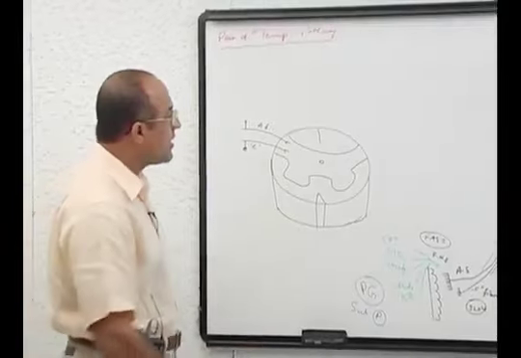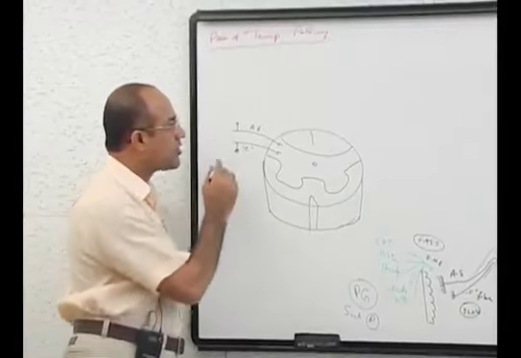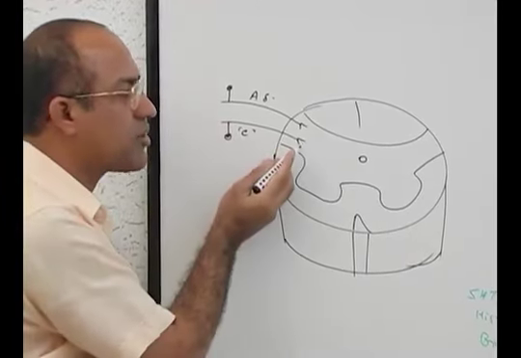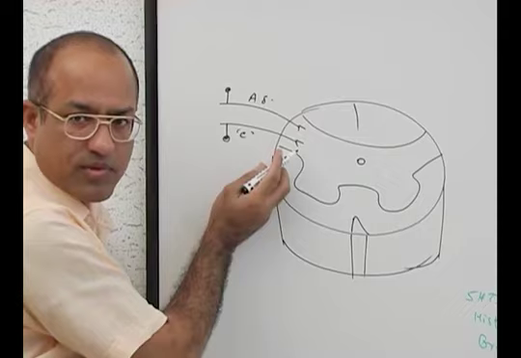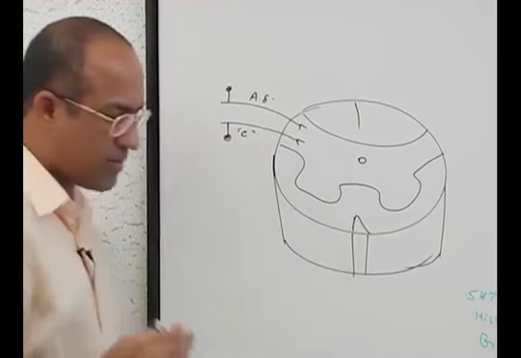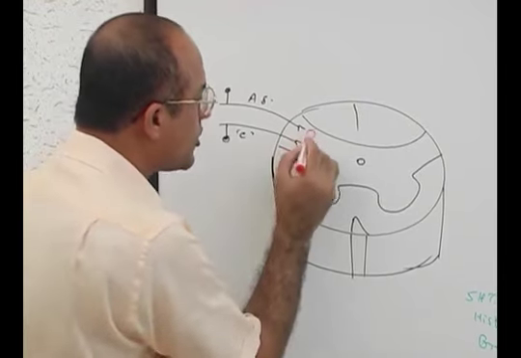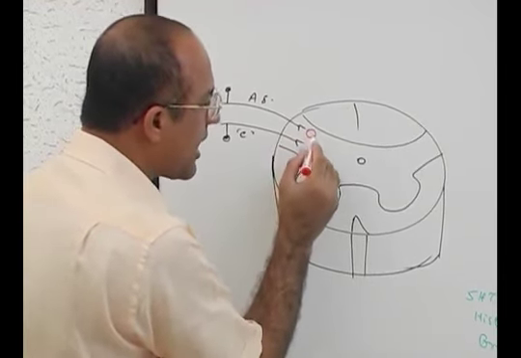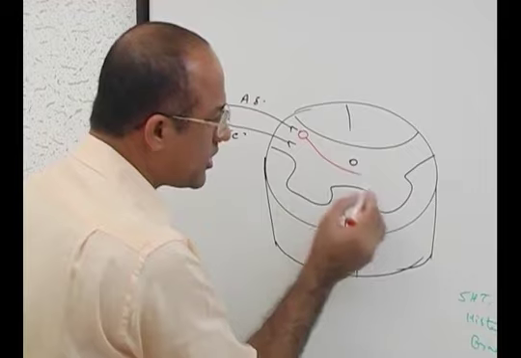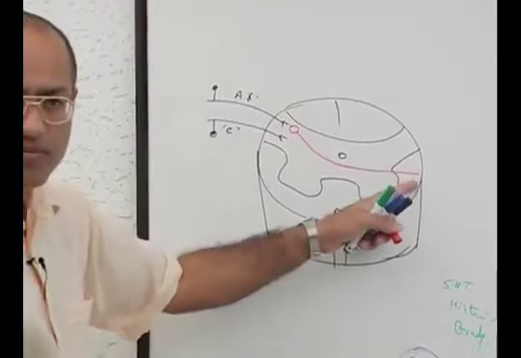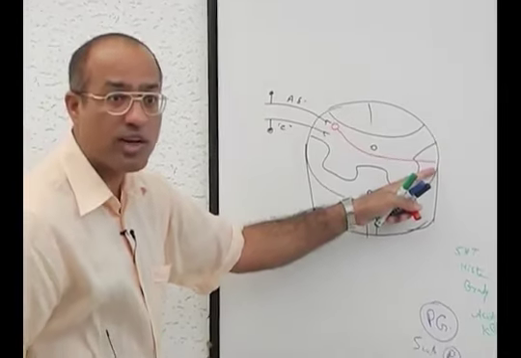Is that right? Now, the first order neurons in the pain pathway, their central processes terminate as soon as they enter, right? Once they terminate here, then the next order, or we can say second order neurons, will start and they will cross through the anterior commissure to the lateral white column, but on the contralateral side.